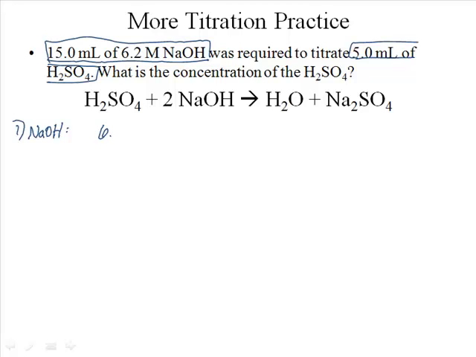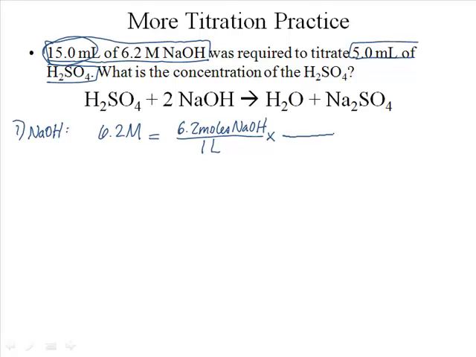I know I have 6.2 molar, which is the same thing as writing 6.2 moles of NaOH per 1 liter of solution. In order to isolate moles, or in other words to get moles alone, I'm going to multiply times the volume. In this case, my volume was 15 milliliters.